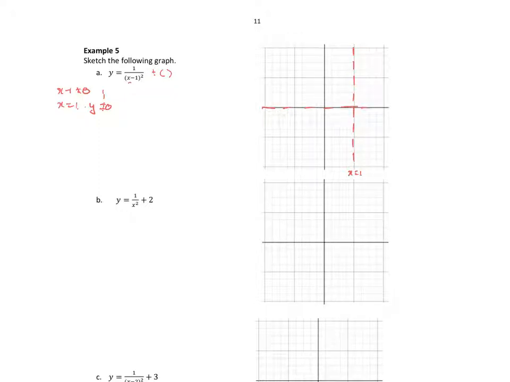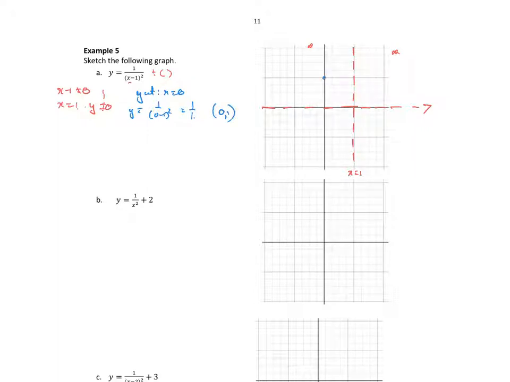Nothing else has changed, so we know that my graph is going to appear up here. It's positive. So I need to try and find a y-intercept. If I find a y-intercept, I always put x equal to 0. So y will equal 1 over 0 minus 1 all squared, which is just 1 over 1. So I get the point (0, 1).